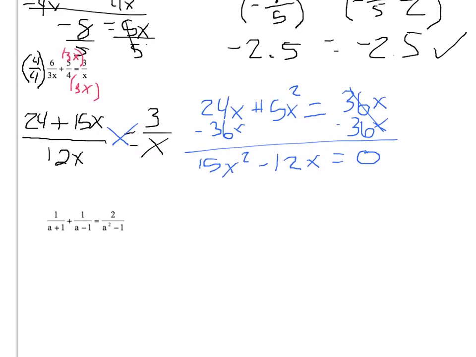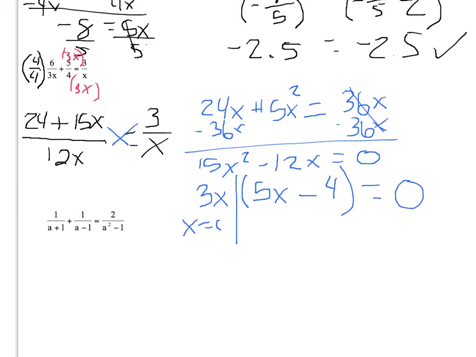Taking a 3x out of 15x squared will be 5x. Minus 3x times negative 4 would give me that negative 12x. Solving for x, we get x equals 0 and x equals 4/5.